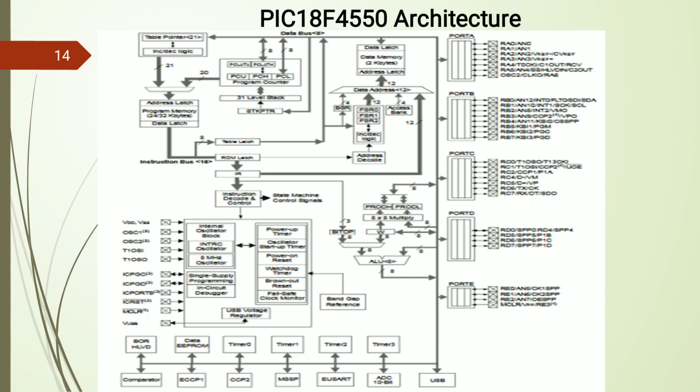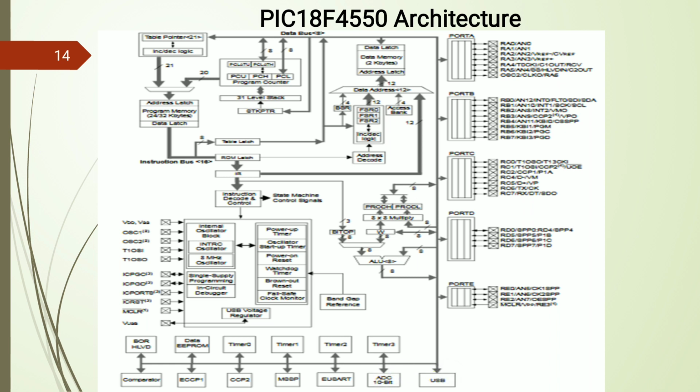features are available, that is BOR, comparator, EEPROM, CCP1. Here CCP is in advanced version, CCP1, CCP2, timer 0, 1, 2, 3. Here 4 timers are there. MSSP for I2C and SPI communication. USART, again an enhanced USART is there.